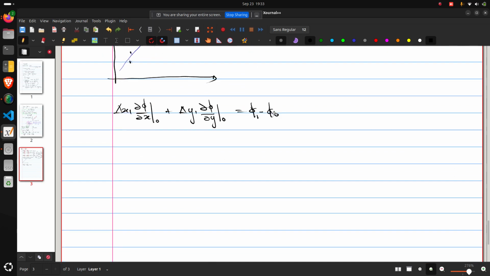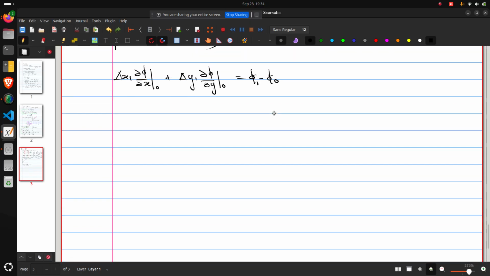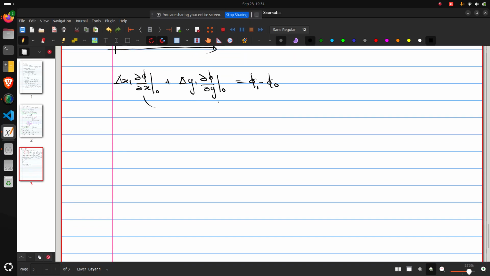This was the equation, right? So, these are the variables that we need to find. Let us term them as A and B, right. So, delta x1 A plus delta y1 B equal to phi 1 minus phi naught, and we want the values of A and B such that the residual will be the minimum.